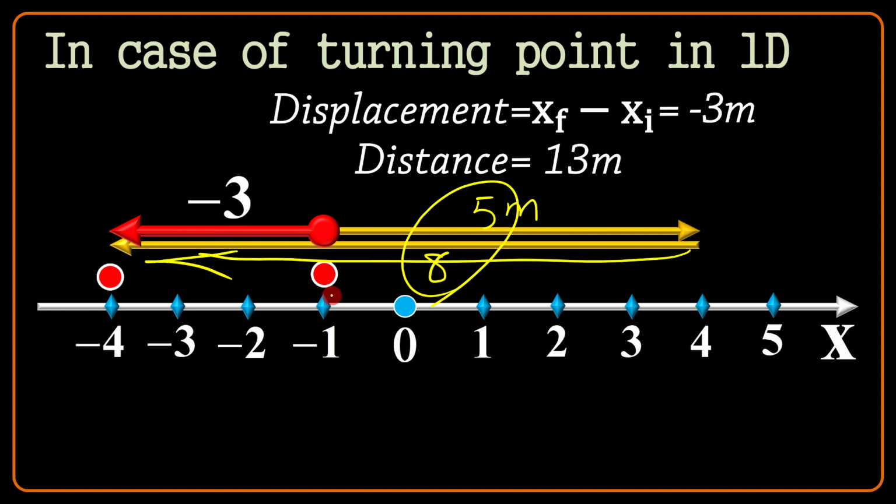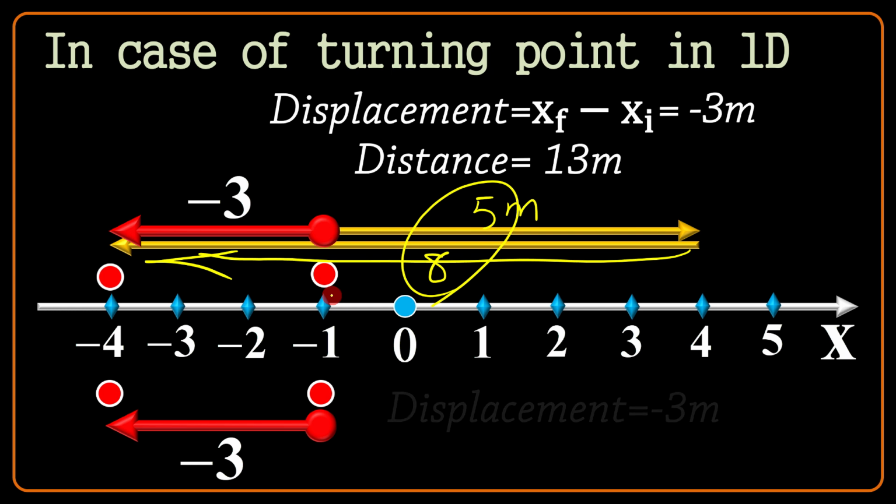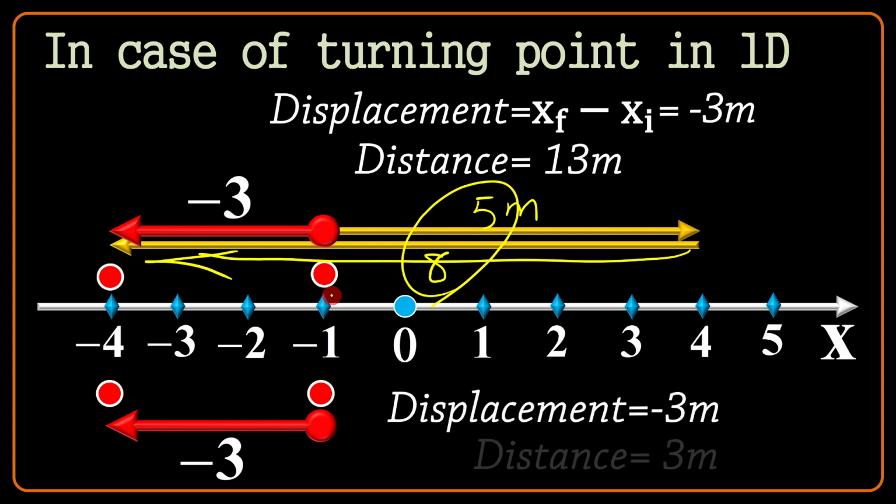Let's have another case in which the object starts from -1 and goes straight forward to -4. It's a very simple case. As you see, the object travels for 3 meters to the left, so the displacement is -3 and the distance traveled is 3. As I told you, distance can't be negative. But you have a tricky case here.